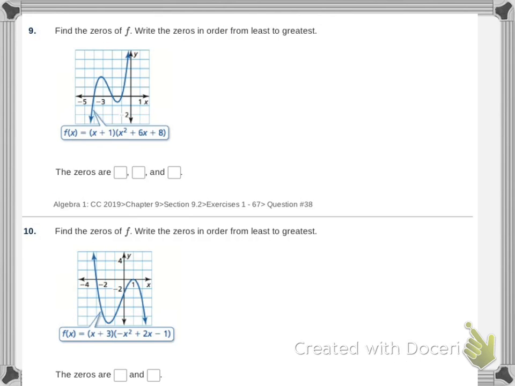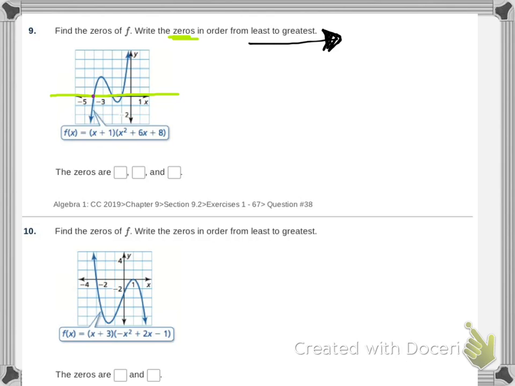All right, number 9. Find the zeros. Again, because they said zeros, okay, we want them here. Now, this is interesting. When it says least to greatest, they're saying go from left to right. Least is on the left, greatest is on the right. So do you see 3 zeros?